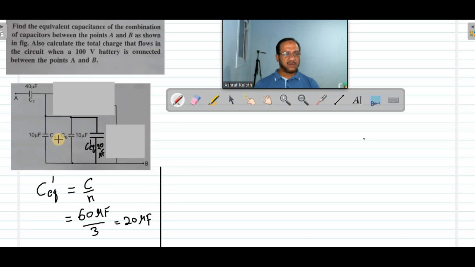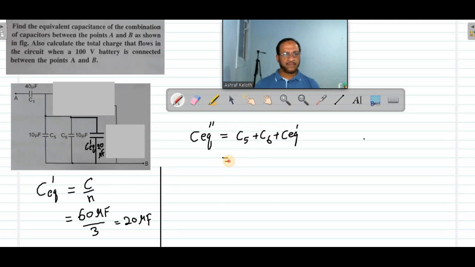So we can find the net capacitance by adding. In parallel combination, suppose I take that combination as C equivalent 2 dash. The total capacitance of these three, C equivalent 2 dash, is equal to C5 plus C6 plus C equivalent dash, because in parallel combination capacitances are added up.